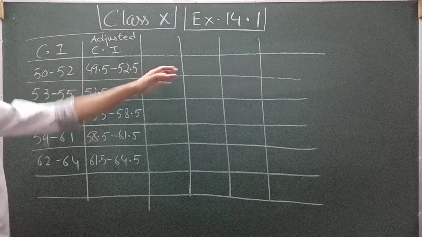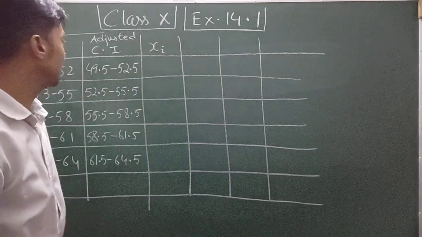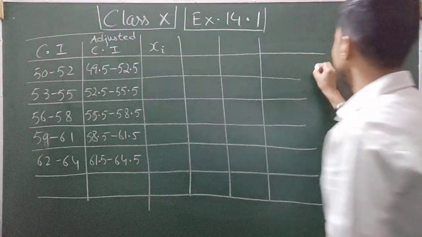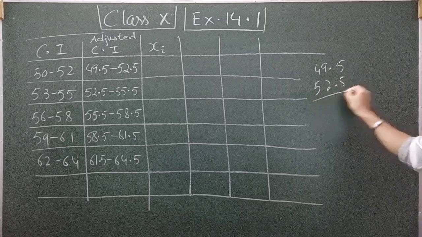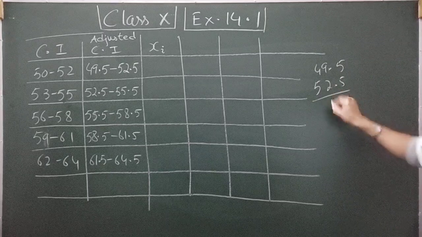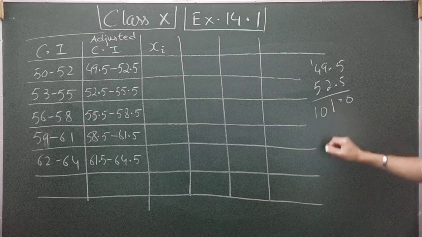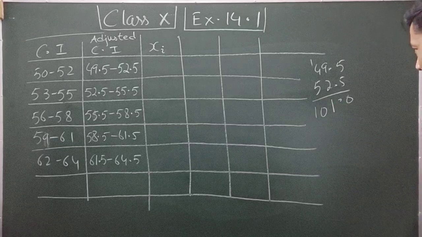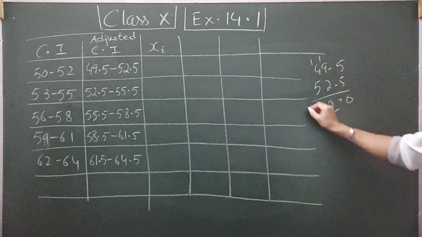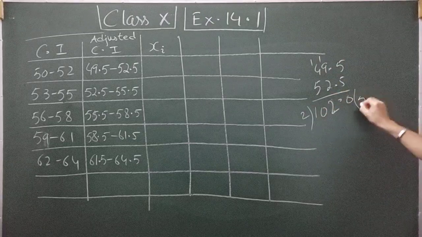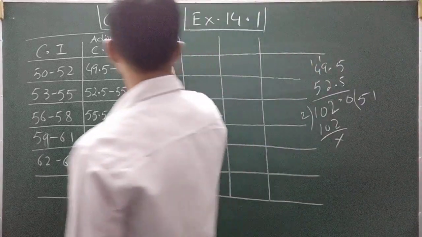Now, of course, time to find out the middle value, that is xi or class mark. As I've said, we can add for the first one, that is 49.5 and 52.5. That will be 102. So 102, we divide it by 2, we get 51.